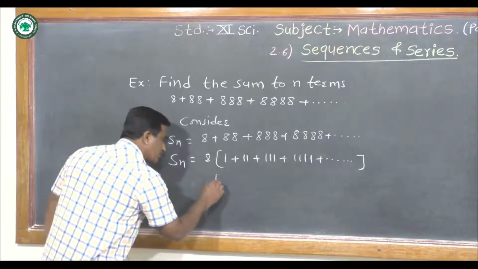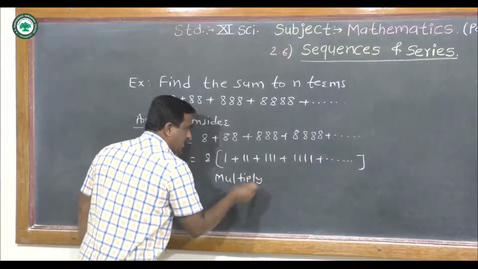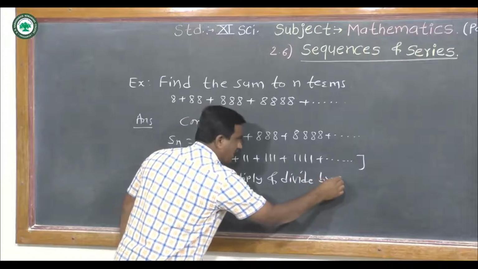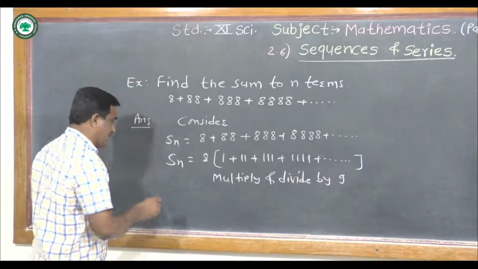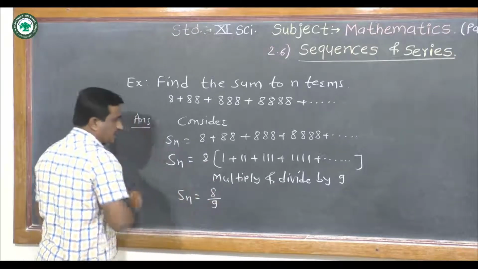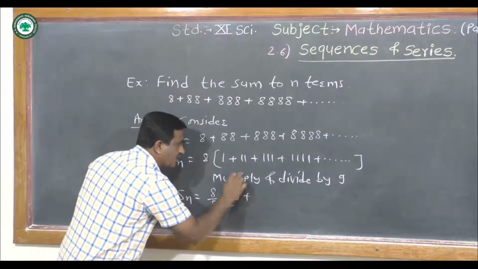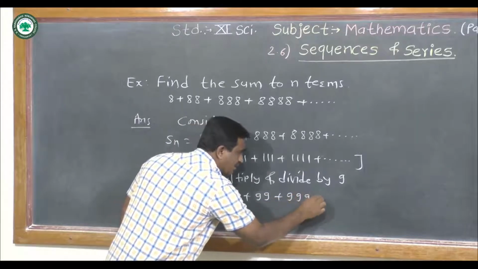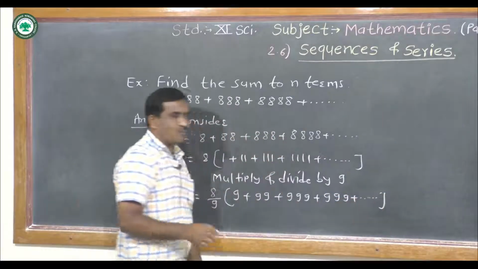Now multiply and divide by 9, then we can write Sn is equal to 8 upon 9, multiplying by 9: 9 into 1, 9 into 11, 99, plus 999 plus 9999 plus so on up to n terms.